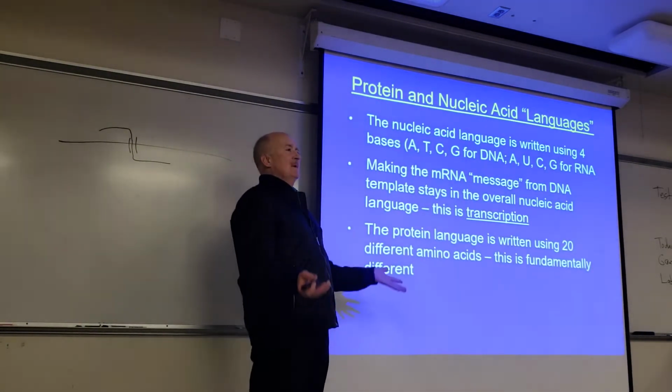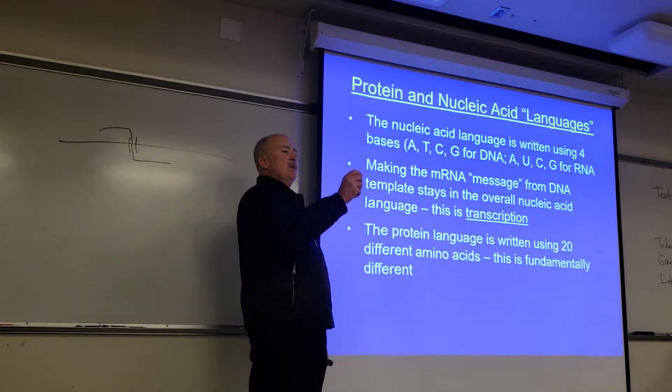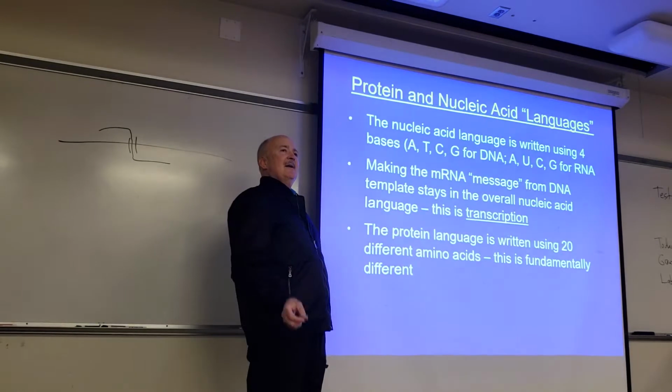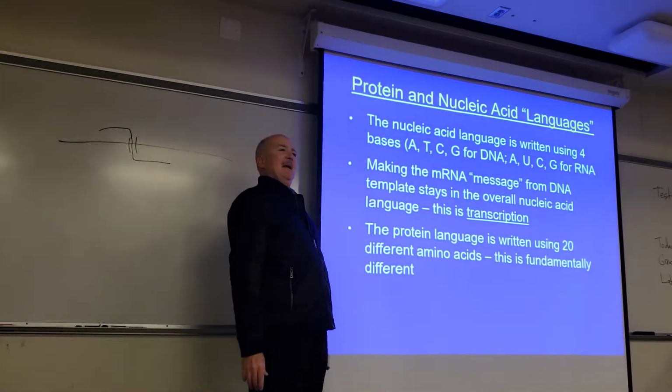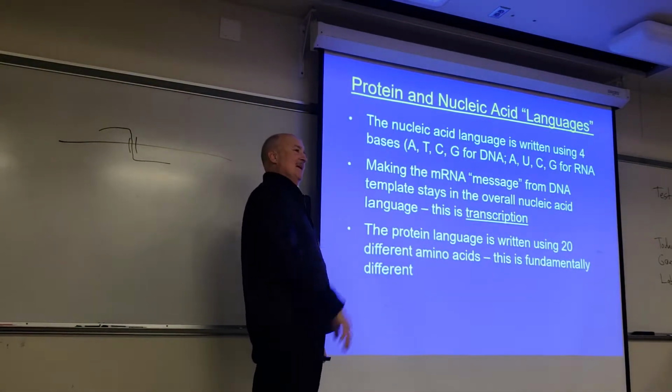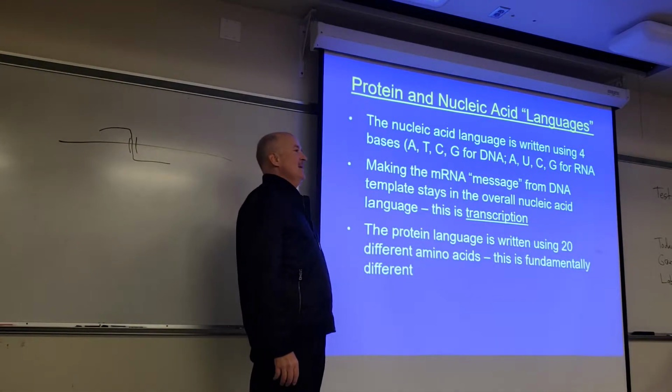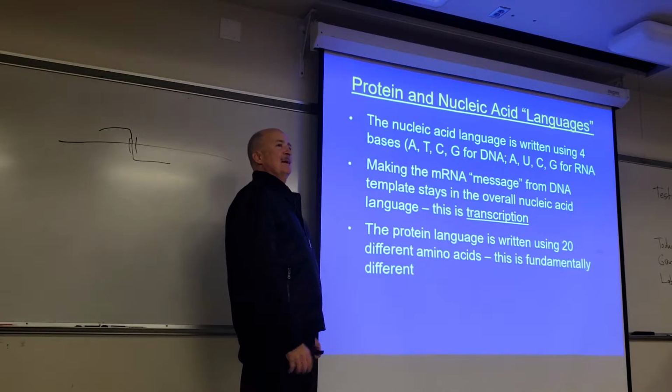Translation is harder. Just think about the difference between you writing down words, and I'm speaking in English, you're writing down in English, and that's not a very complicated transition to go from one to the other. But if you're actually having to translate it into a different language, then that's a more fundamental shift.